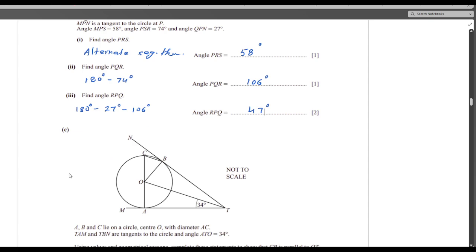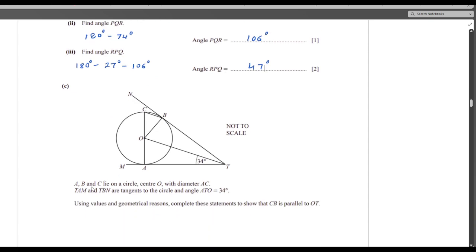Now C part. ABC lies on a circle, as we can see in the diagram, with center O and diameter AC.